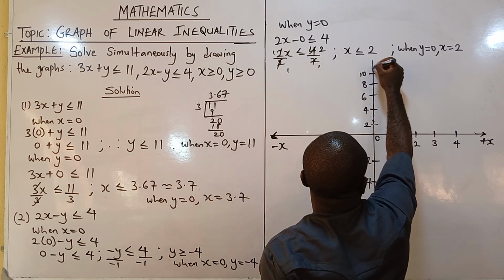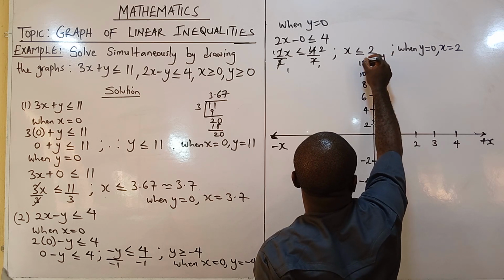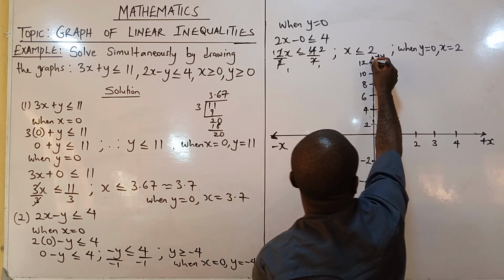Let's make it 2 units each. This is 12, and 11 will be in between.